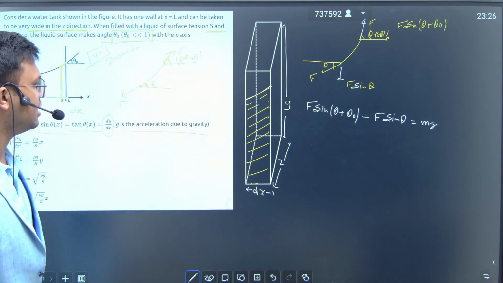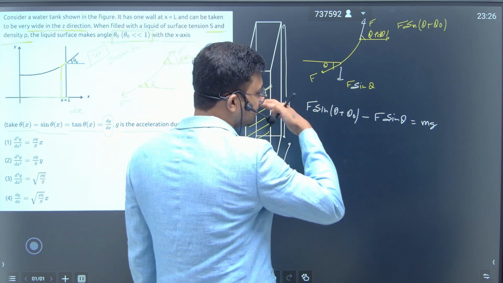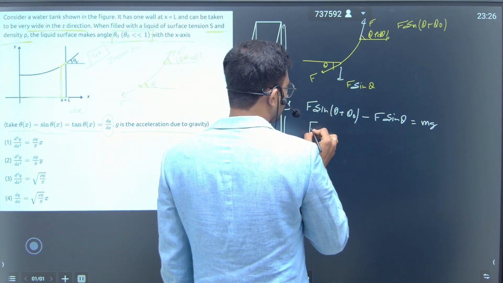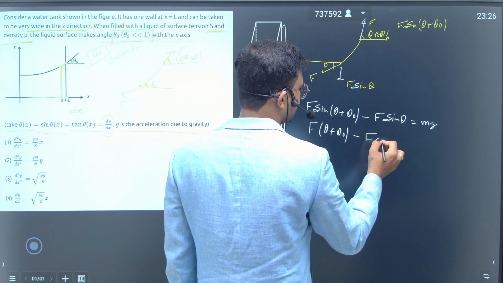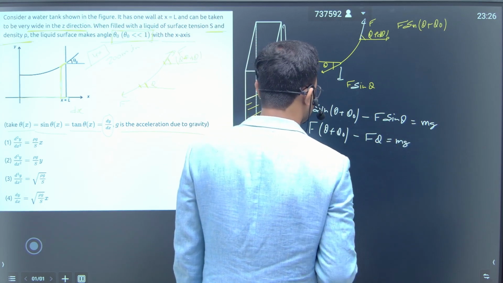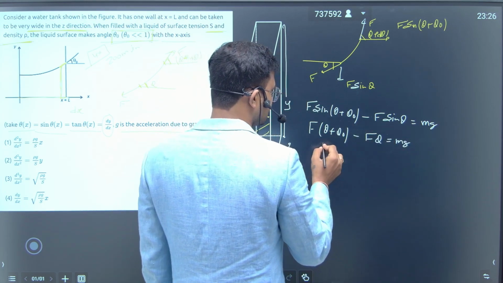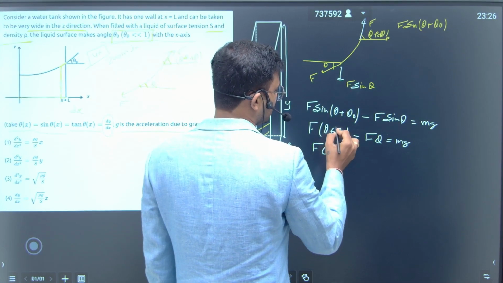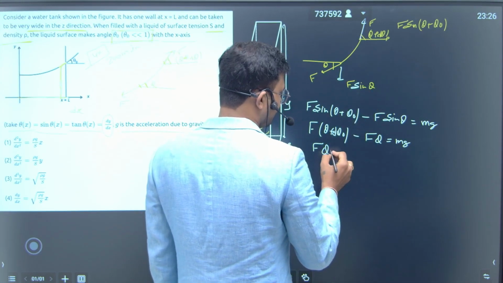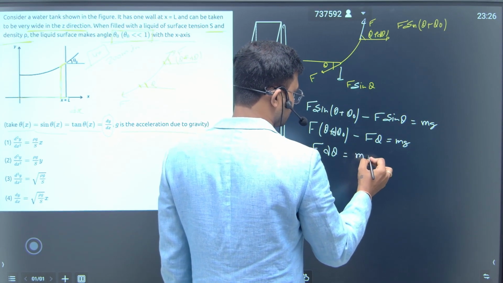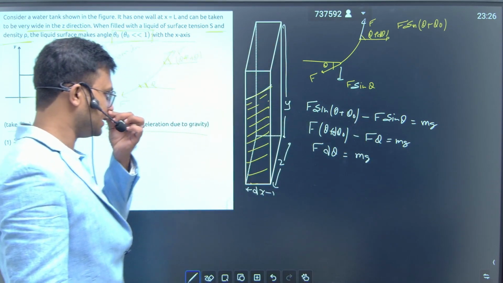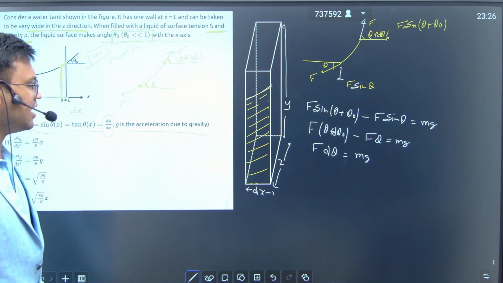Because theta is very small, F theta plus d theta minus F theta equals mg. F theta cancels out, so F d theta is equal to mg. Everything is fine till now.